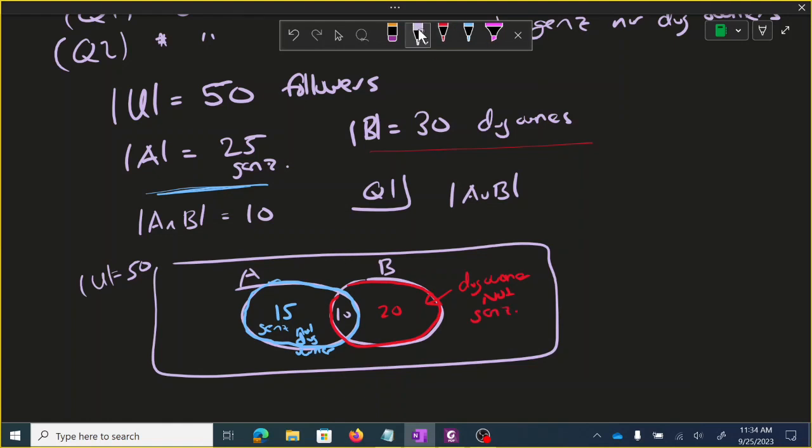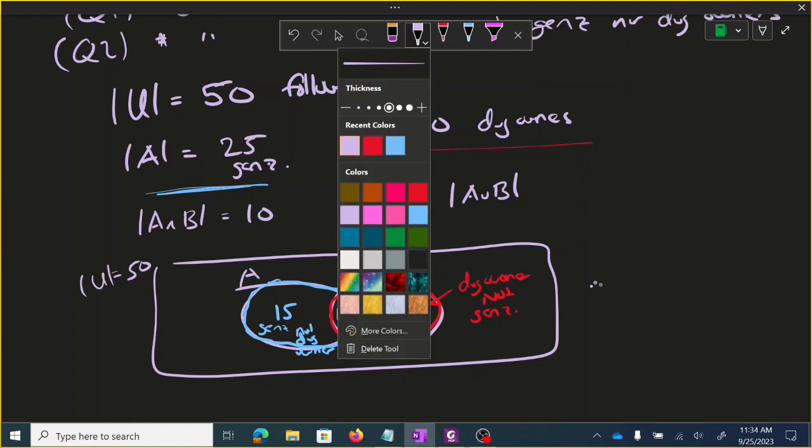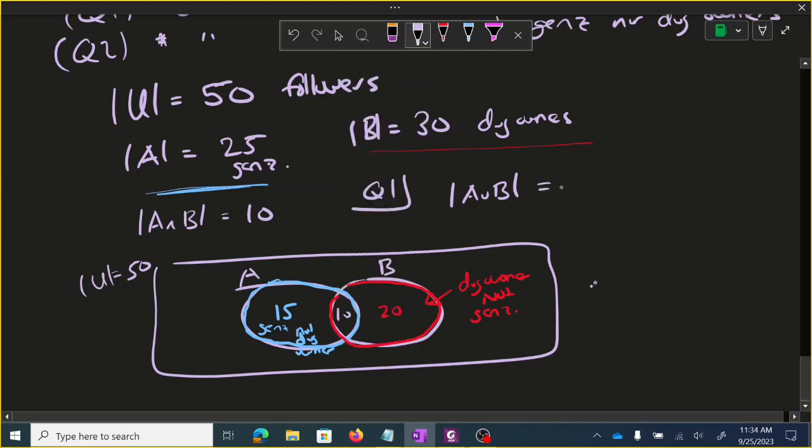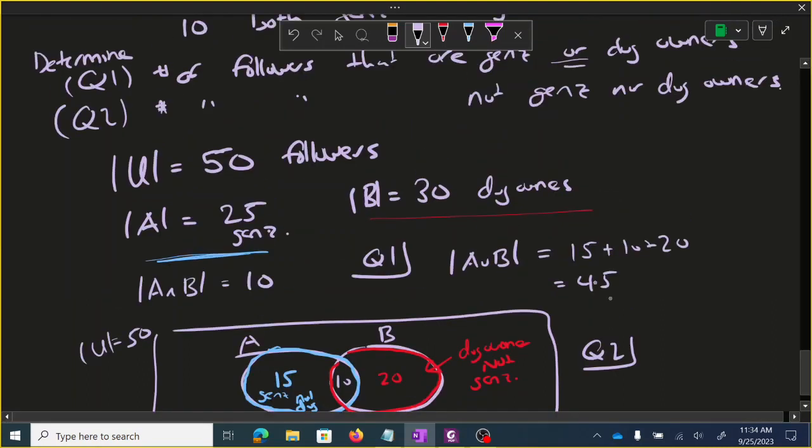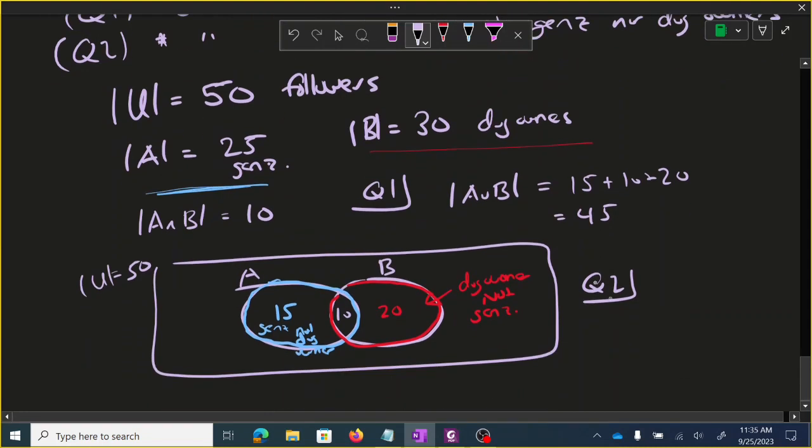And so now we can count the union pretty quickly. We know that A union B is 15 plus 10 plus 20, which is 45. So 45 of your followers are Gen Z or dog owners. And then question 2 is asking for not Gen Z nor dog owners.